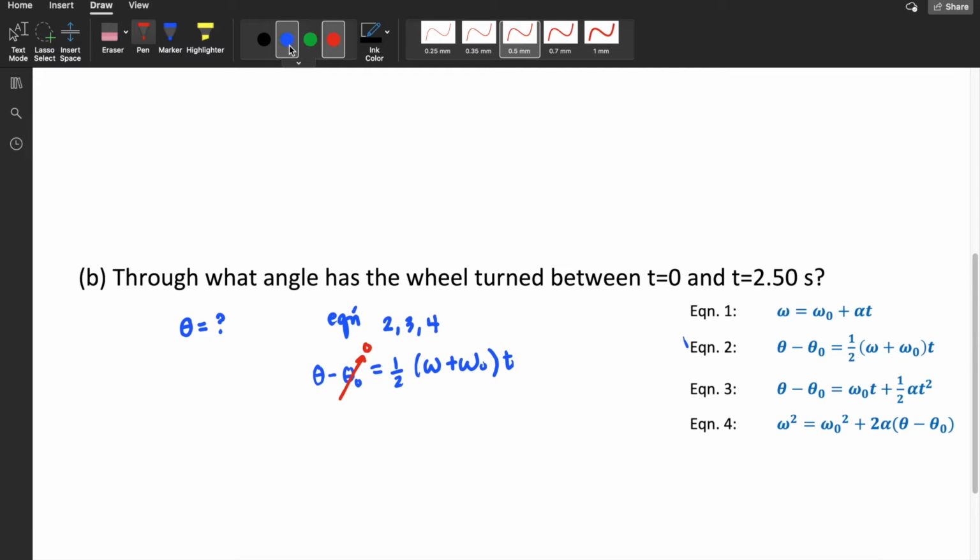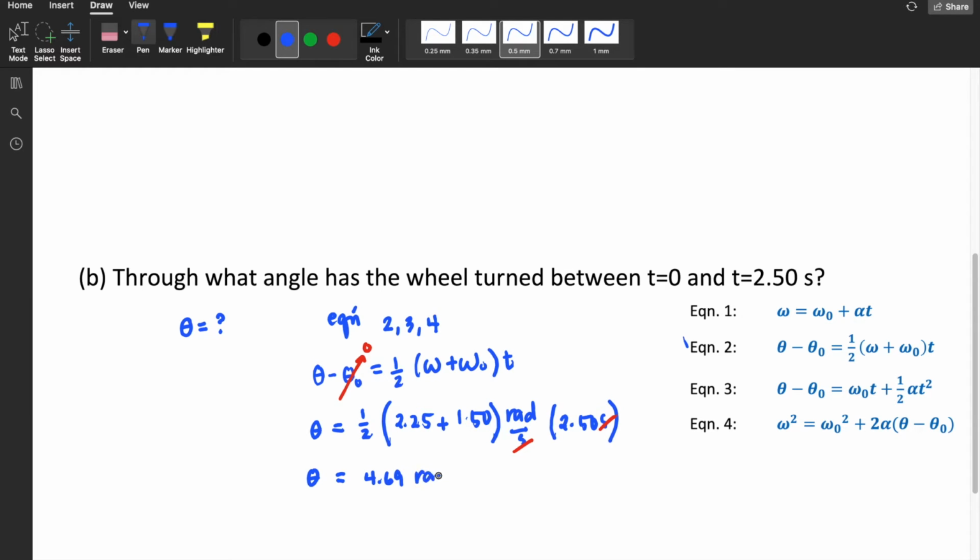So theta is equal to 1/2 times the quantity 2.25 plus 1.50 radians per second, times 2.50 seconds. The seconds cancel out, so the answer is 4.69 radians.